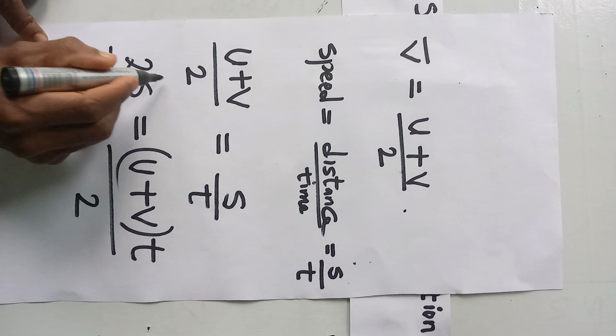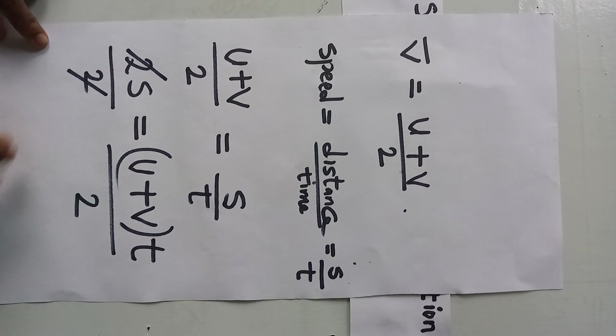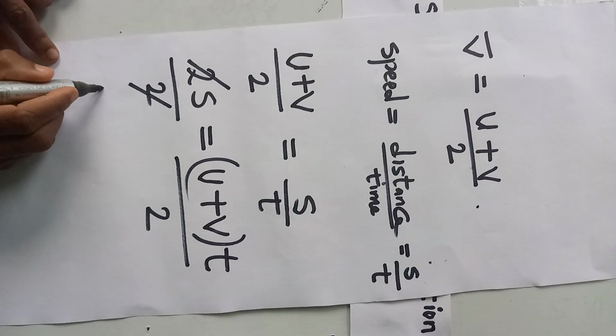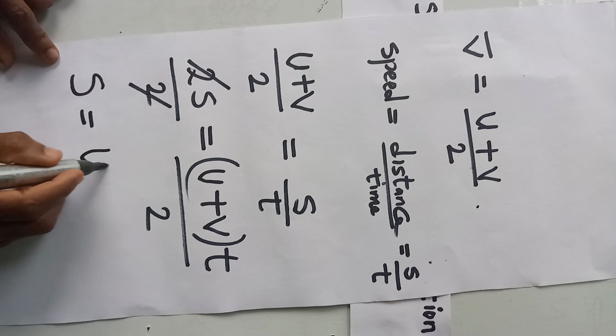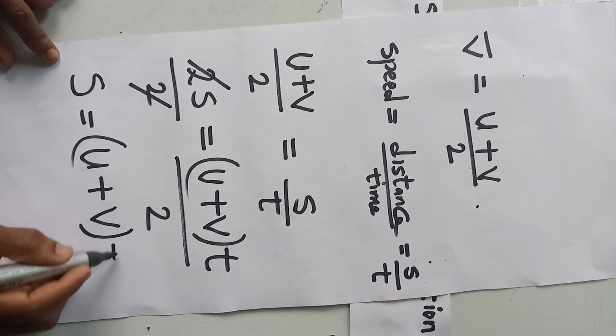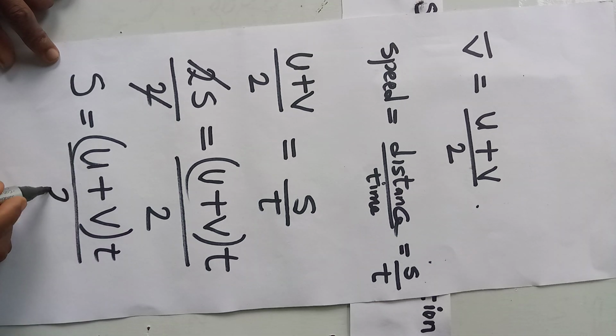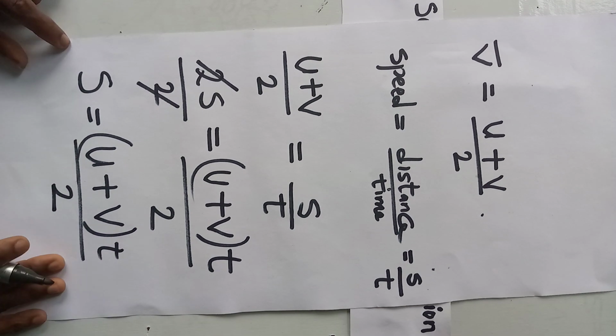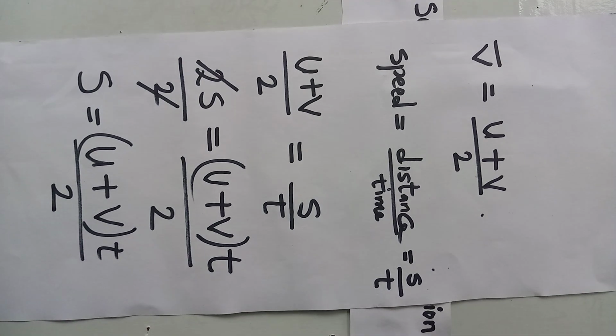So 2 will go out with 2. So therefore, we can say S is equal to U plus V all bracket T over 2. So this is the second equation of motion.